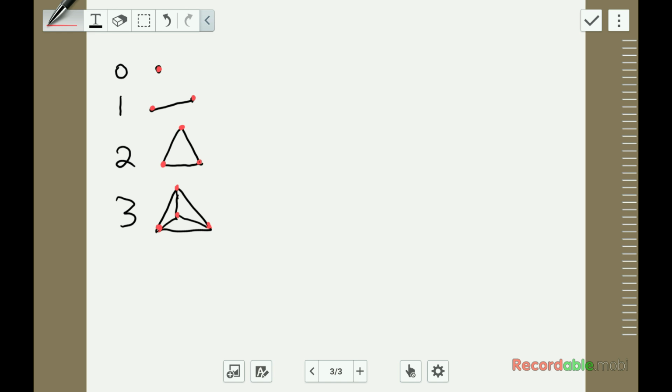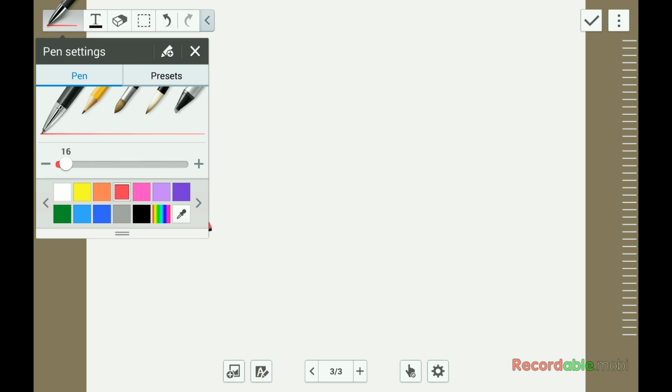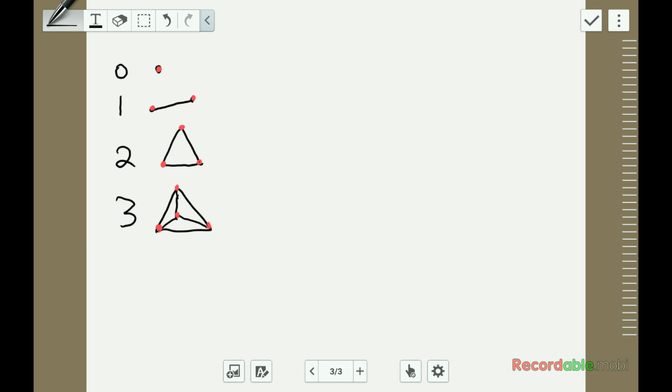So, can you guess what the 4-dimensional simplex looks like? Perhaps you'd like to pause the video and see if you can draw it. Well, okay, I'll have a go. We now want to have 5 points.